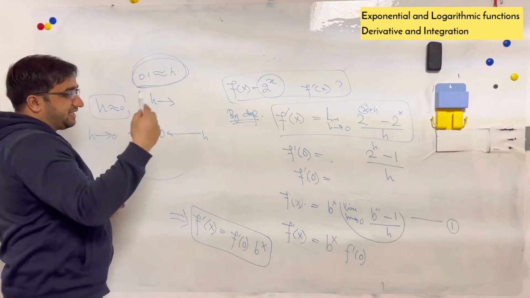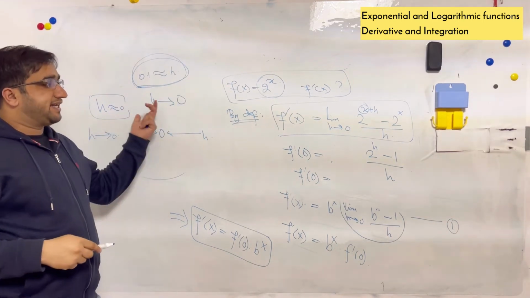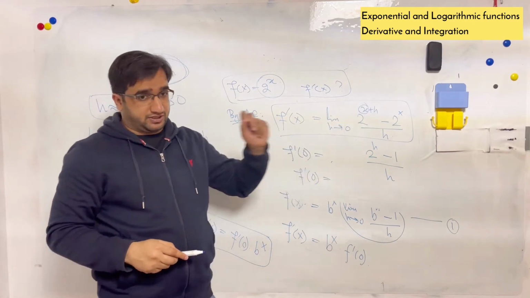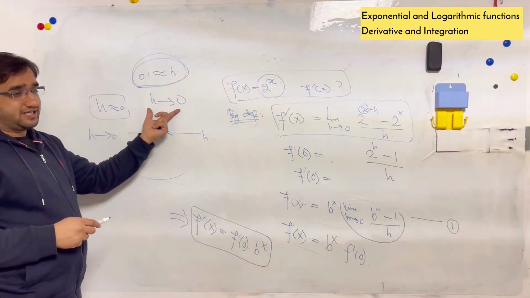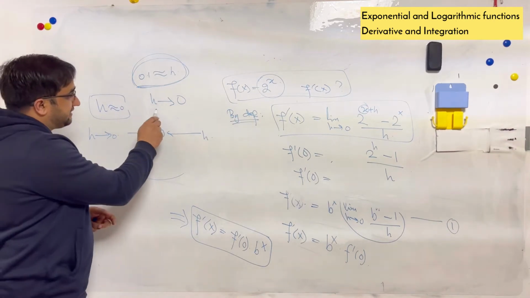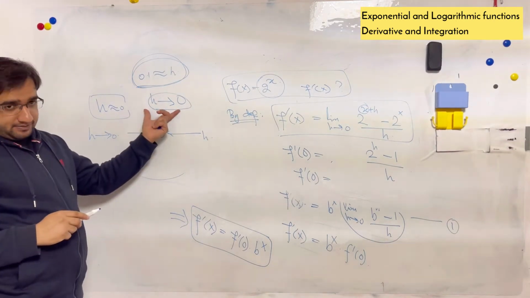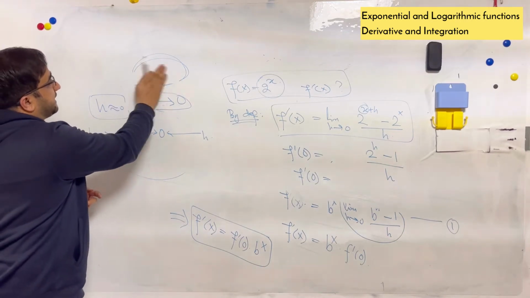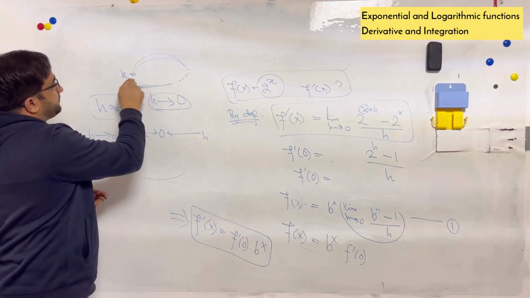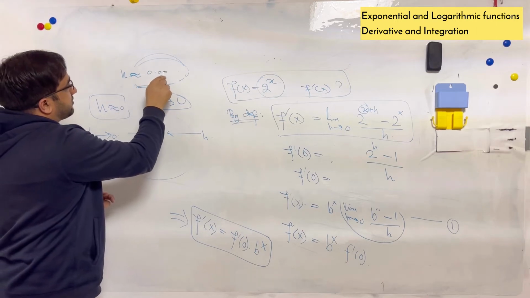Instead of, when we apply the limit h approaching 0, directly putting h equal to 0, h approaching 0 does not mean h is exactly 0. It can be any number which is closer to 0. So you can take, suppose, h approximately equal to 0.0001.